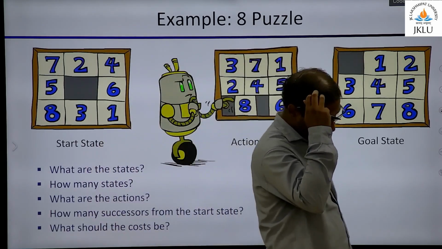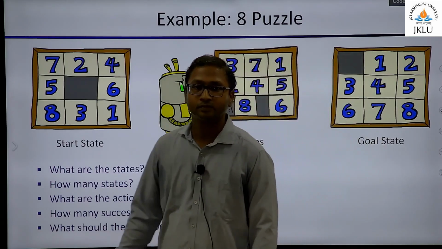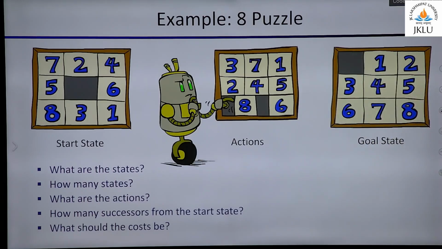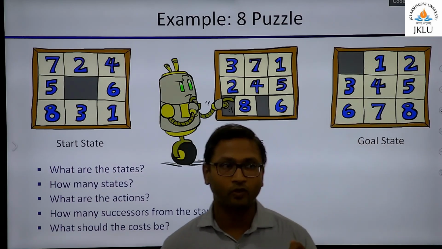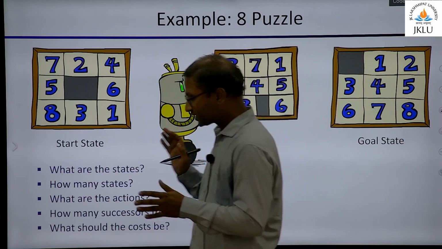Right, so let's answer these questions first. What are the states? It is up to you to decide what you will call a state. You are supposed to make a tree out of this and so on.